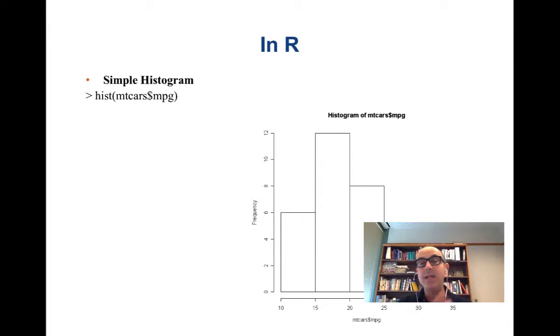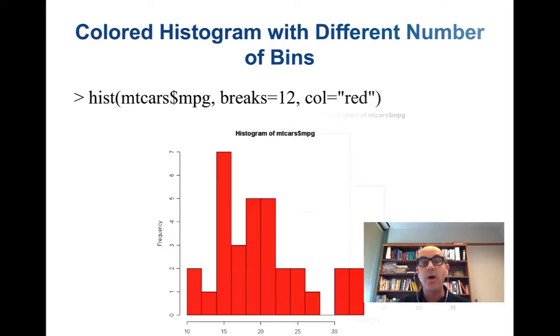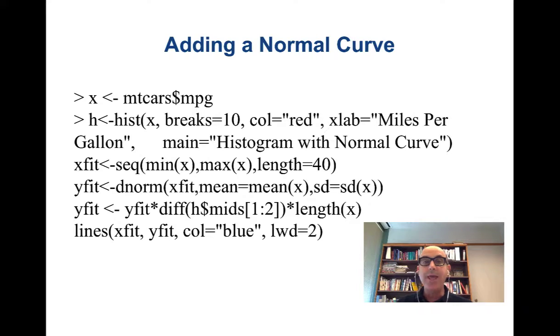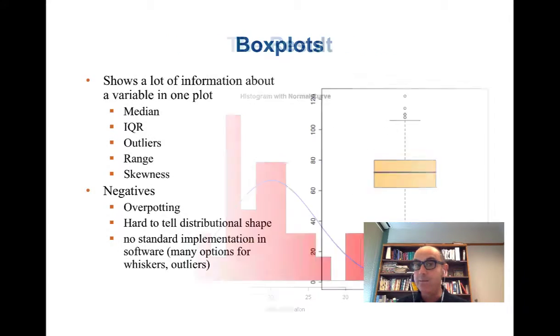So in this case, it will display that way. I can set breaks for the distribution, in this case 12 breaks, and I have the ability to add colors to it. Again, I can add the curve to it, and I can build much more.